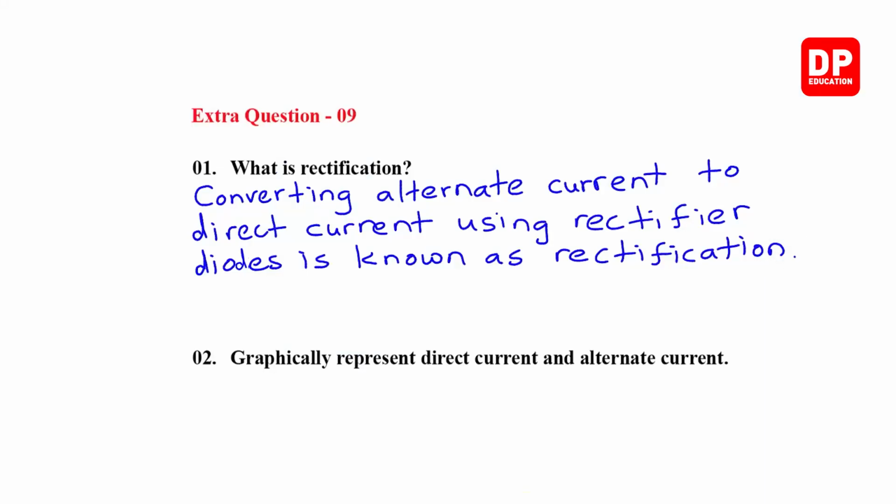Or we can say process of converting alternate current to direct current using rectifier diodes is known as rectification. So that is the answer for the first question.